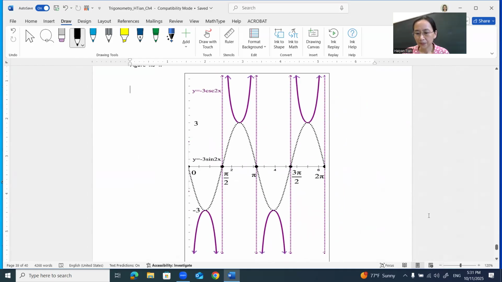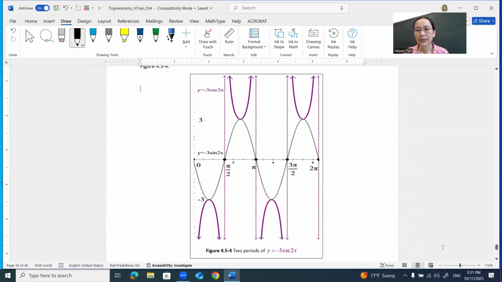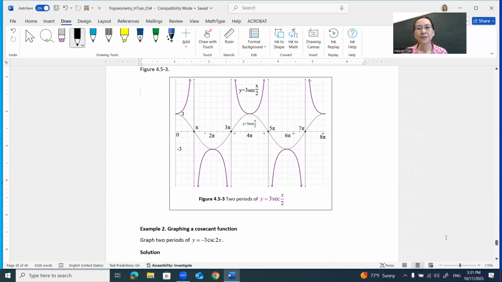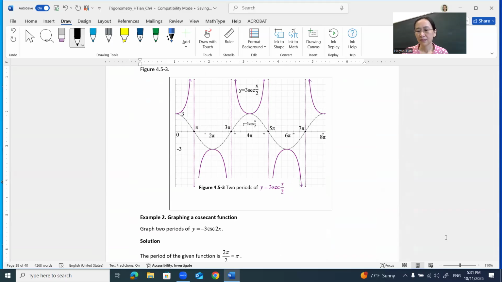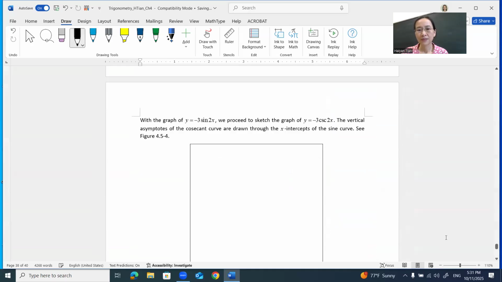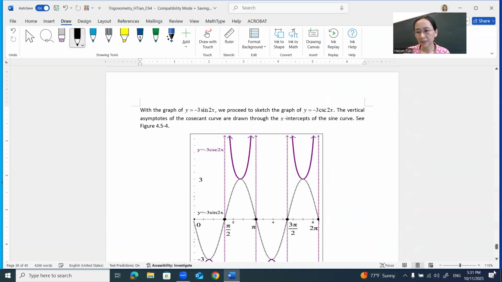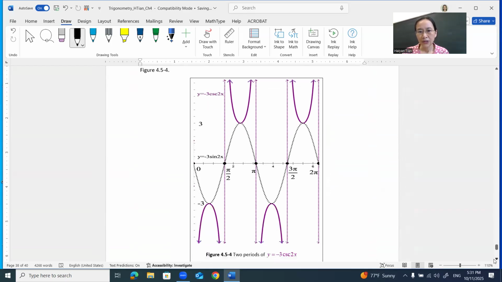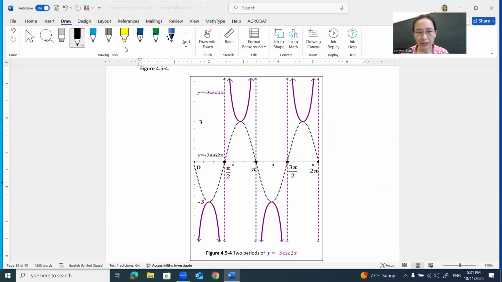We show the -3 sine 2x. Okay, so let's see. Where is the sine function?